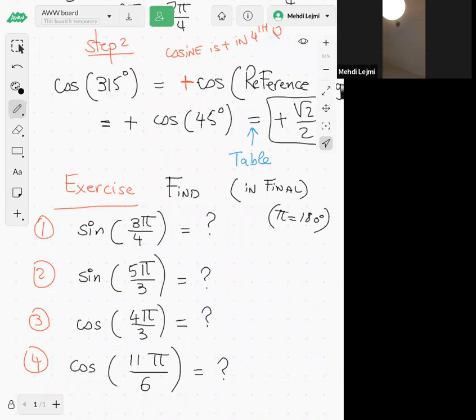But for number 2, the reference angle is not pi over 4 for sure. Oh, you did 5 over 4. Okay, that makes sense. It makes a huge difference. No problem.